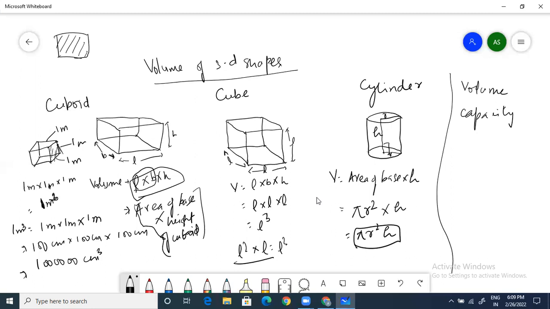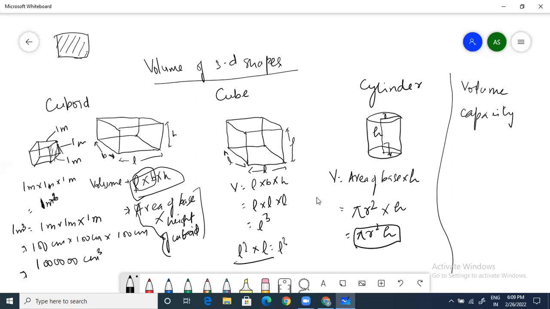So we said that volume is the amount of space occupied by this entire object. Similarly, capacity is the quantity that a container holds. They are not different in terms of the actual thing, but from a terminology perspective, whatever space it can hold is called volume, and whatever quantity of a particular material it can hold is called capacity.